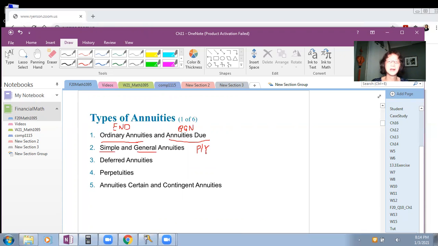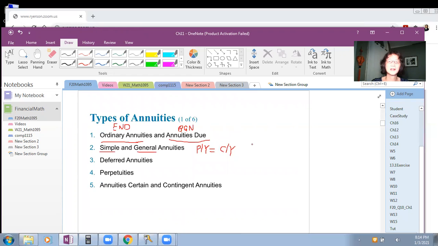If you are making payment every month, in 1 year you make 12 payments, so PY equals 12. On the other hand, if interest is compounded monthly, the interest conversion period per year, we use CY, is also 12. If they are equal, meaning number of payments per year, PY, equals interest conversion periods per year, CY, that is the simple annuity.